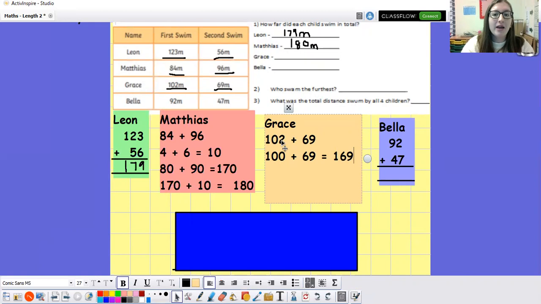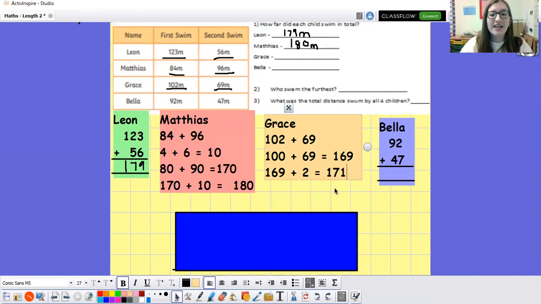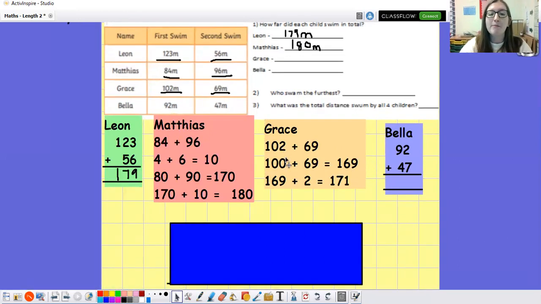But now I need to go back and make sure I add that 2. So now I can do 169 add 2, which equals 171 metres. And do you see how easy it was? You've just got to remember that if you take 2 away here, you've got to add the 2 back on. So Grace swam 171 metres.